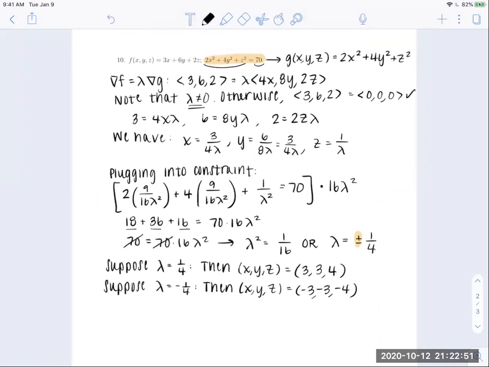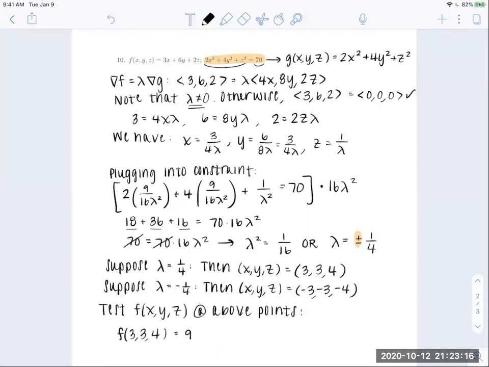Again, I'm going to zoom out so that we can see our original function up top. So I now want to test f of x, y, z at the above points. We have f of 3, 3, 4 to begin with.